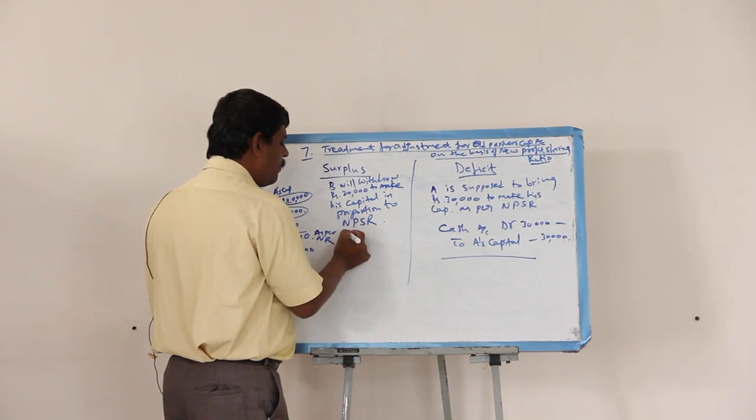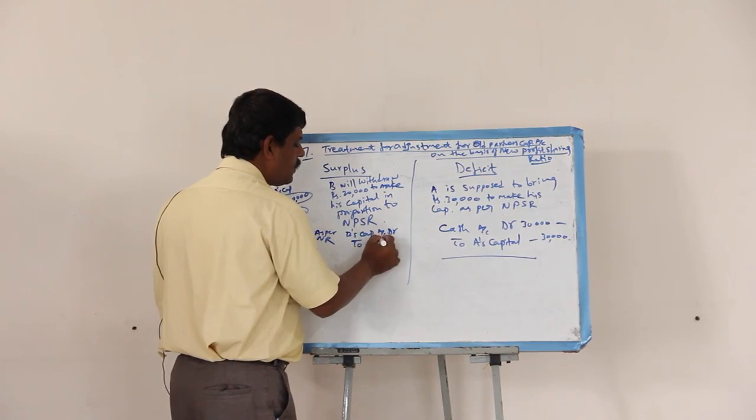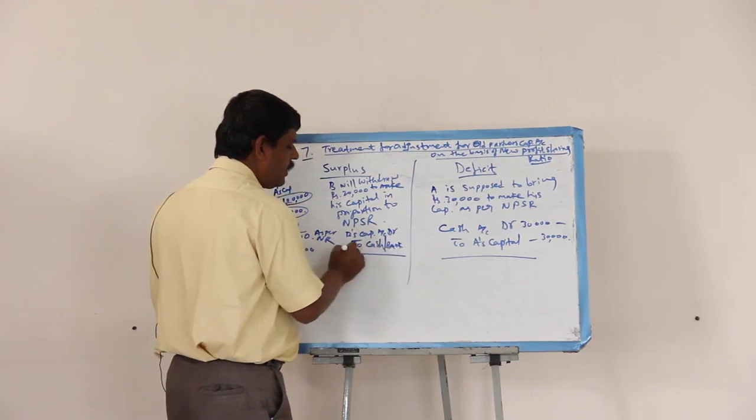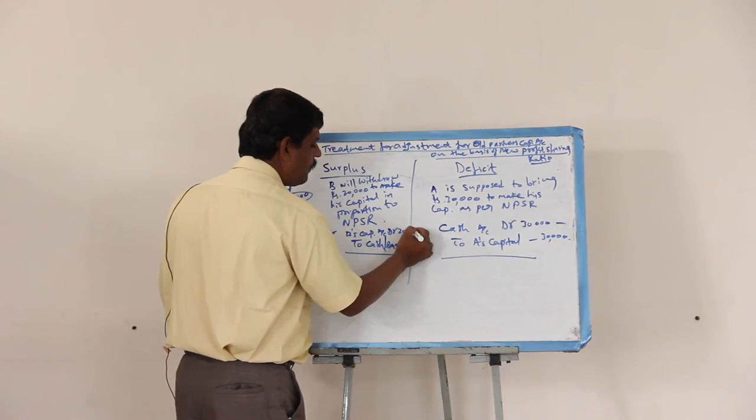Entry: B's capital account debit, to cash or bank, whatever you want to write. Cash or bank doesn't make any difference. The amount is 20,000 rupees.